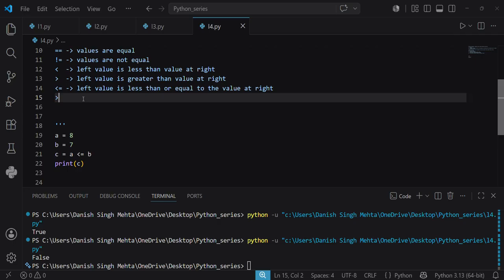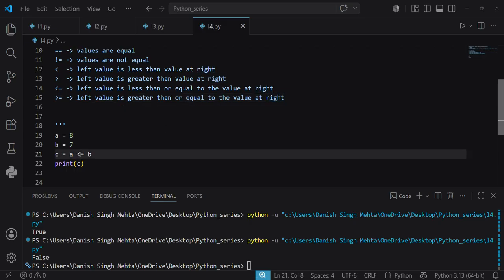Similarly for greater than equal to, the left value is greater than or equal to the right value.